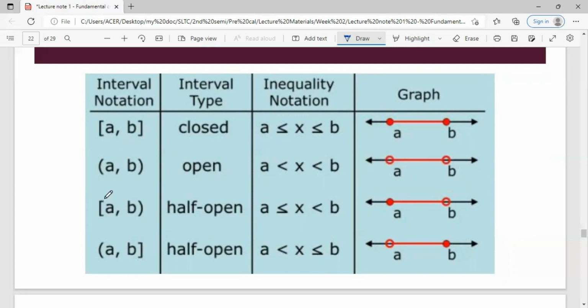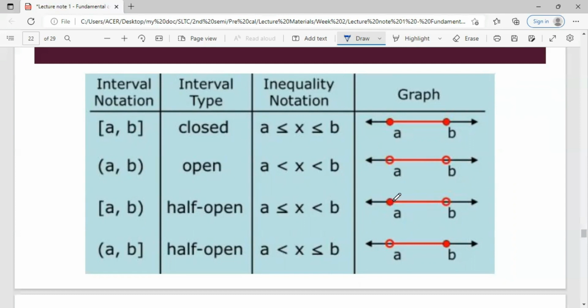And if we have this notation, we call it half open, right? So we write the inequality notation like the earlier way, and graphically we know that this one is equal, so that means the a value is included in this interval but b is not included.